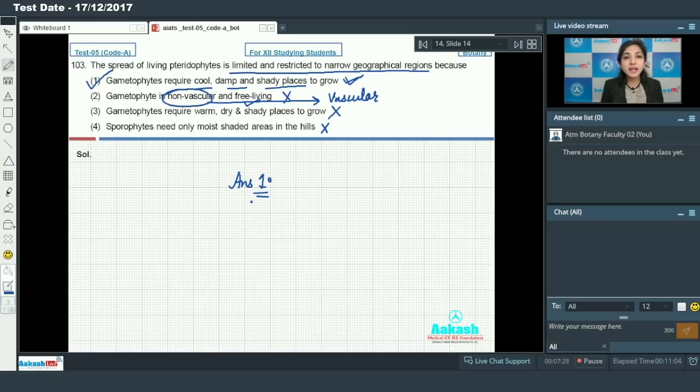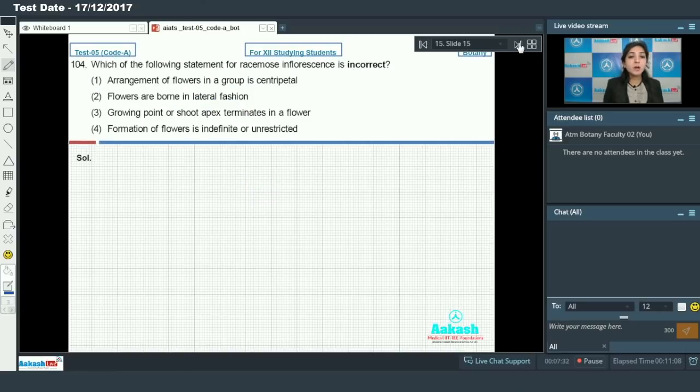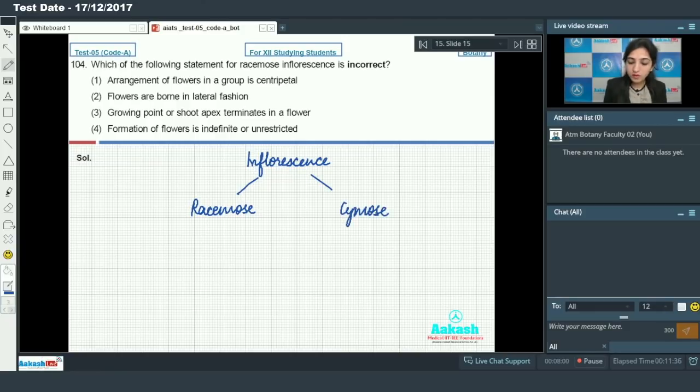Moving on to the next question, that is question number 104. Question number 104 says, which of the following statement for racemose inflorescence is incorrect? What is inflorescence? Arrangement of flowers on the floral axis is called inflorescence. Now inflorescence is of two types, racemose inflorescence and cymose inflorescence.